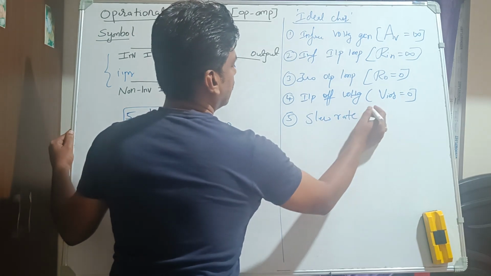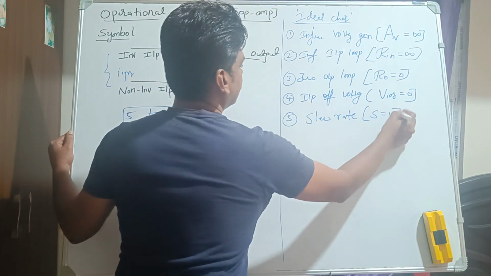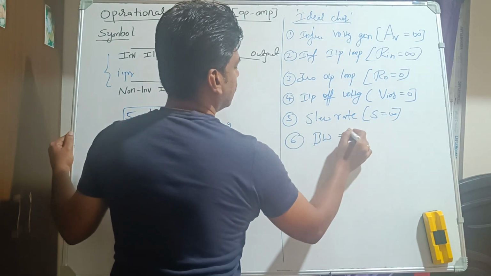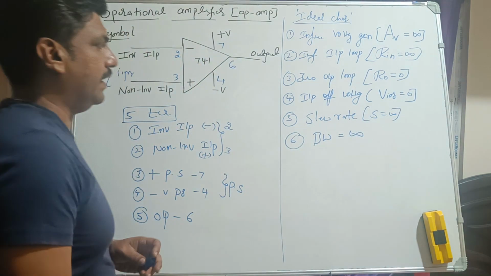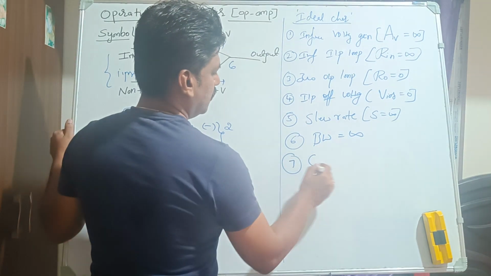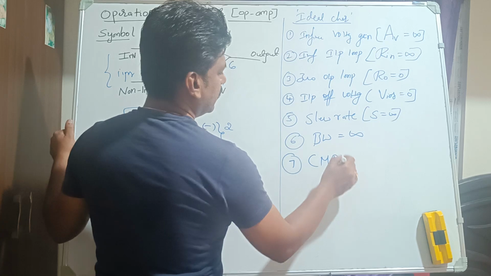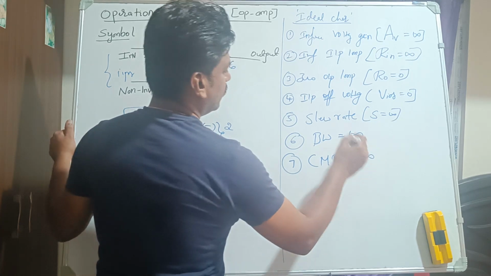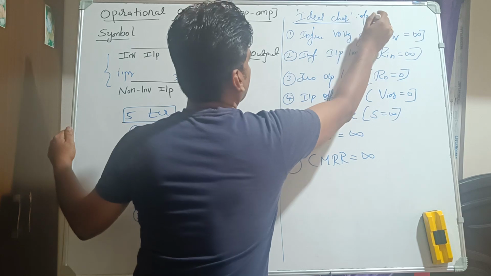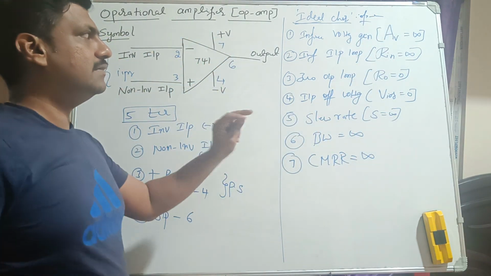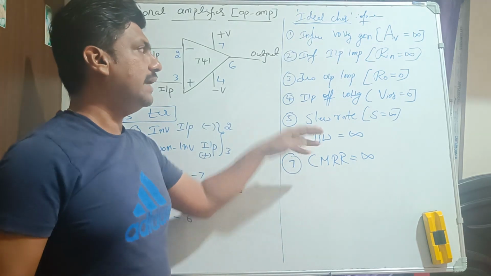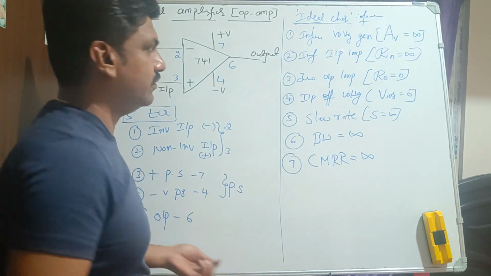One more concept is bandwidth, which is also infinite. One more very important thing we have left out is CMRR, which is also infinite. So these are the ideal characteristics of op-amp. We are saying that an ideal op-amp should be like this with these values. Again, this will have practical values.